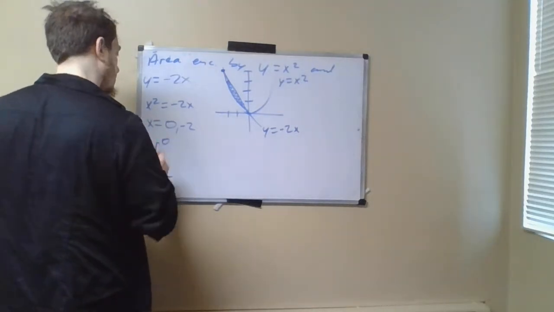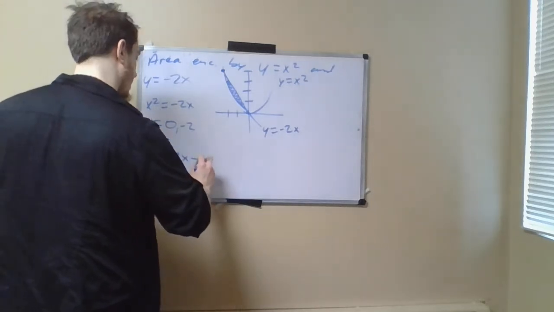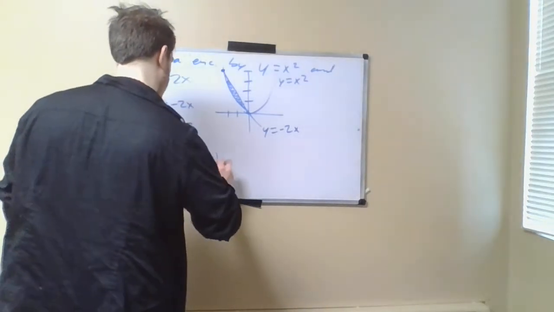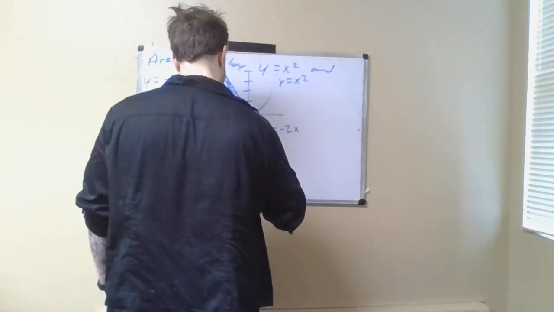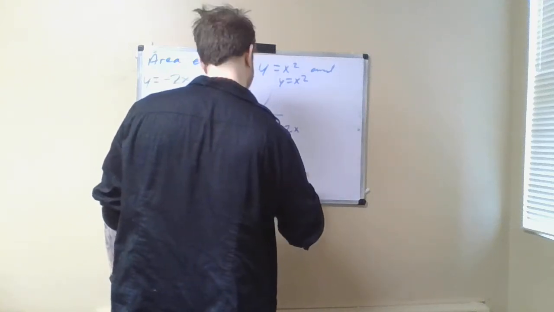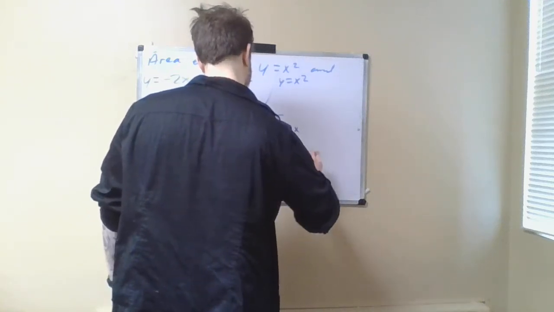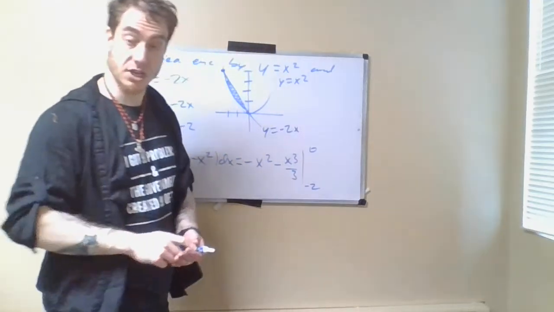So we go from -2 up to 0. My top function is -2x, and then I am subtracting x squared dx. So this is going to become -x squared minus x cubed over 3, evaluated from -2 up to 0.